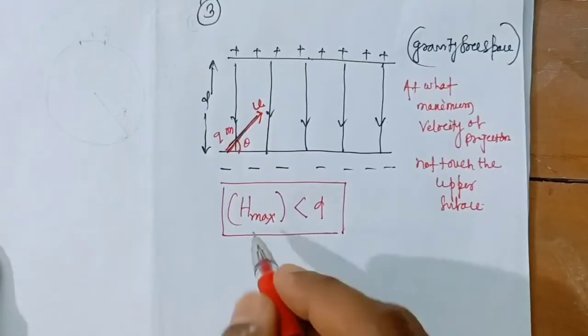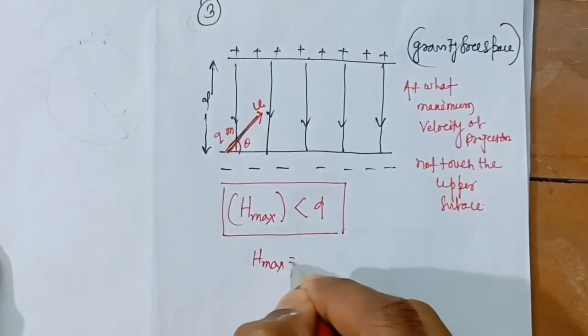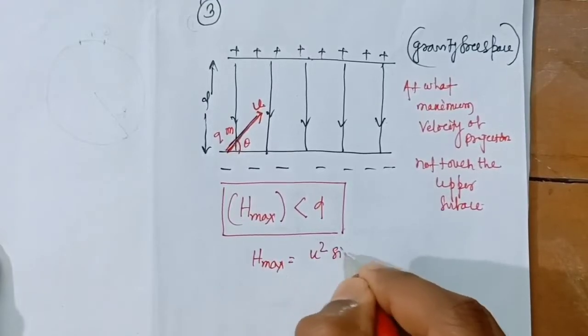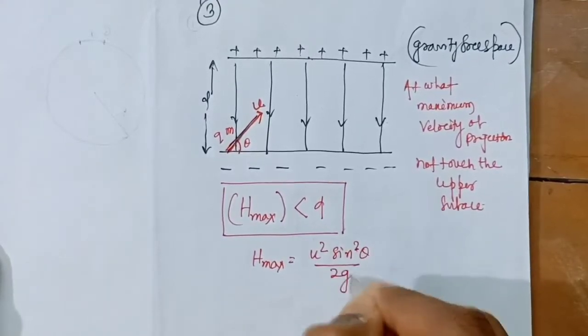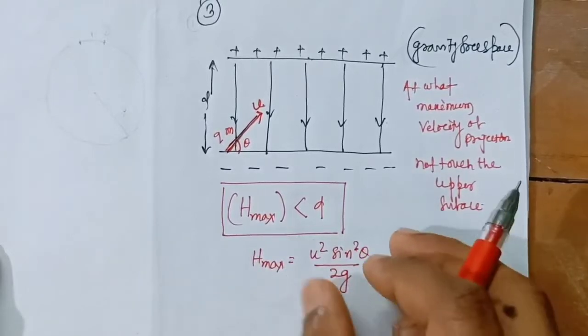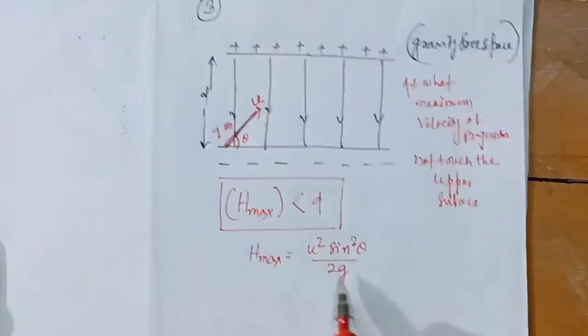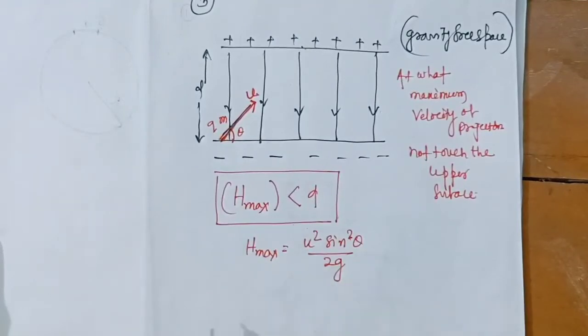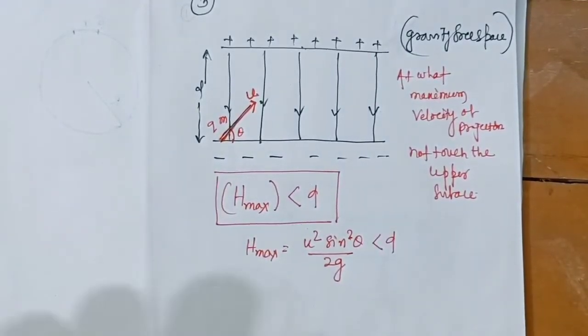And we know the maximum height of the projectile: H max is u square sine square theta upon 2g. This is the maximum height attained by the projectile in the ground-to-ground case, and this should be less than or equal to d.